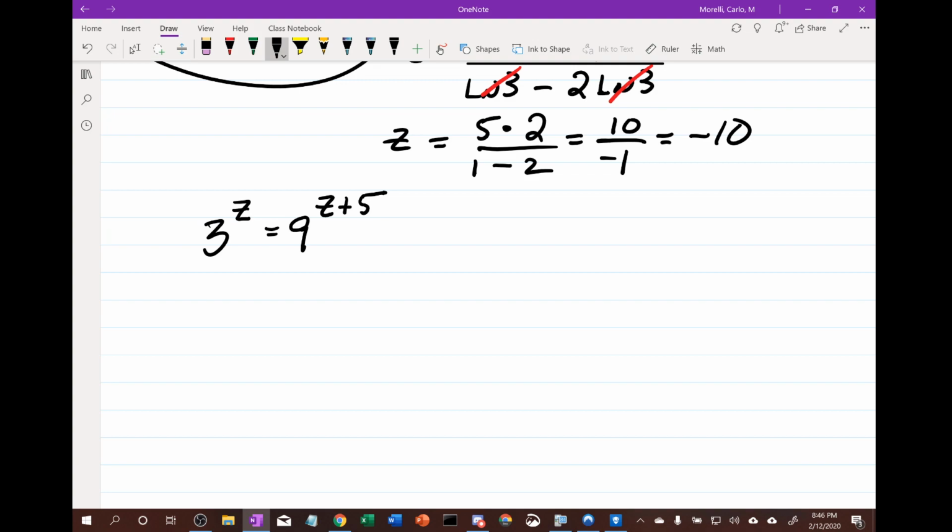So what we would say here is, well, okay, 3 to the z is equal to 3 squared, all raised to the power of z plus 5. Very, very interesting.